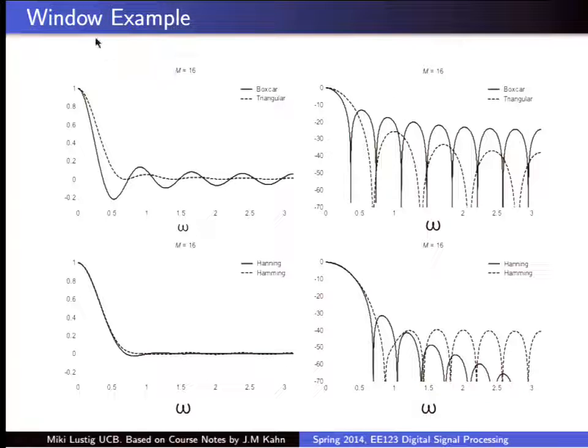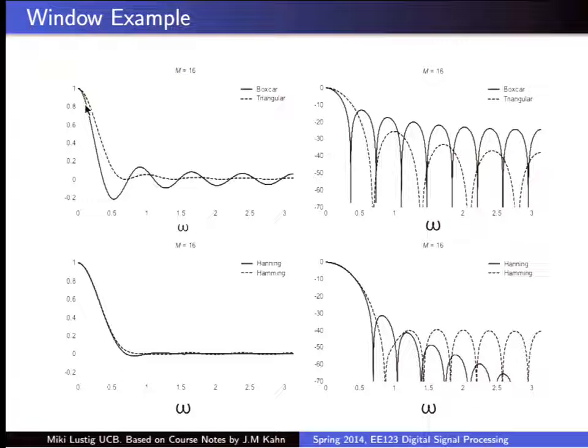And what you see is that there are a couple of things that are really interesting here. One is that the boxcar window has a very narrow main lobe. In fact, it has the narrowest main lobe you can ever imagine possible. By definition, it is the narrowest main lobe, at the trade-off of increased side lobes.